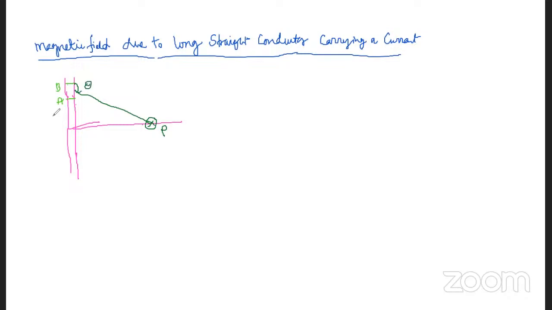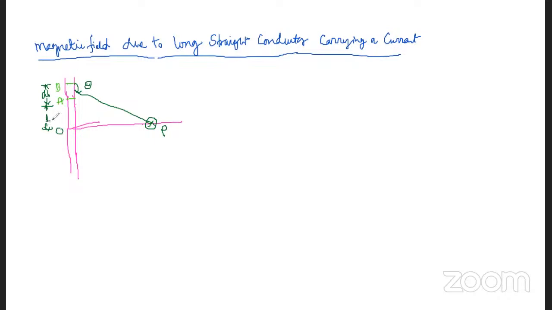This is O. This one is dl, a small element. This is the length L we consider.